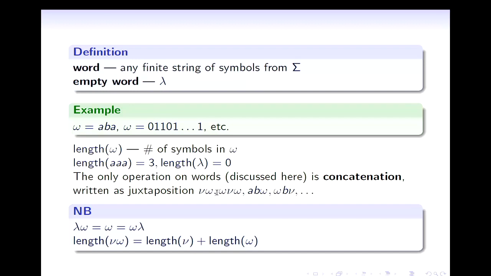And clearly, if both words come from the same alphabet, then gluing them together will also give you a word from this alphabet. It might not be a syntactically correct word if you have an underlying definition of what you think is correct and what is not correct, but it will be defined as a word.